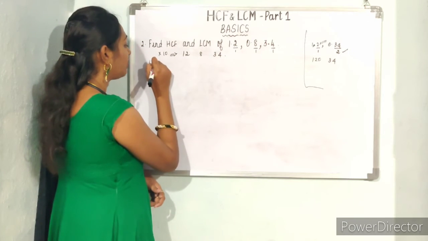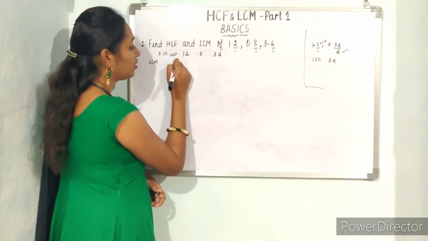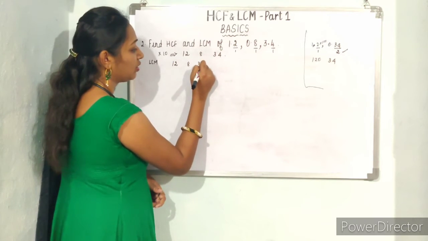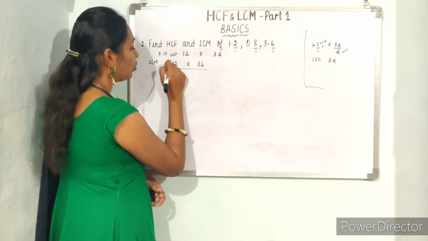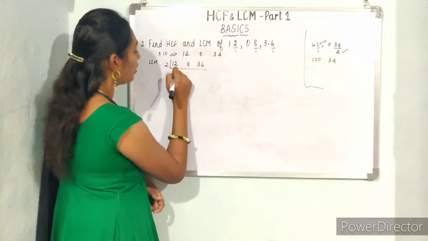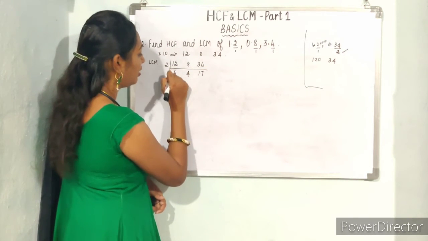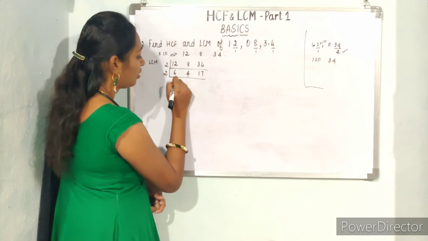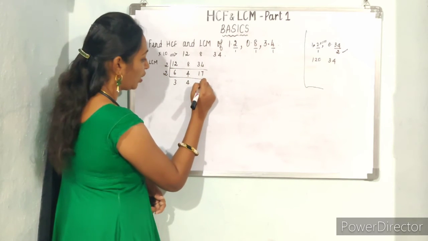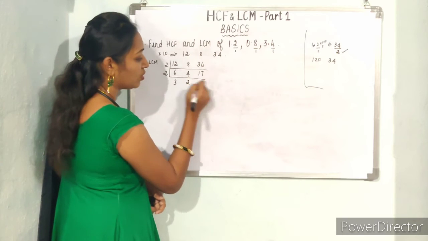Now let's find the LCM of all these 3 numbers. So 12, 8, 34. We can divide by 2. If you divide by 2, you will get 6, 4 and 17. Next, divide by 2 again: 3, 2, 17.